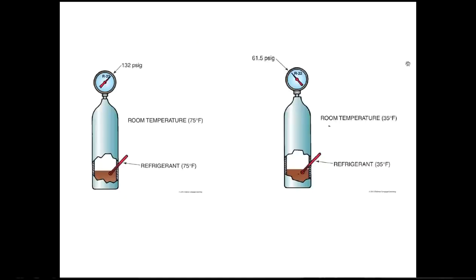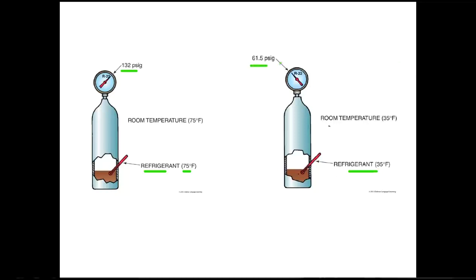Okay, and this is just an illustration here of a bottle of liquid that's at its saturation point and it's refrigerant. At 75 degrees, it's 132 psi. And if we reduce the temperature, it reduces the pressure as well.